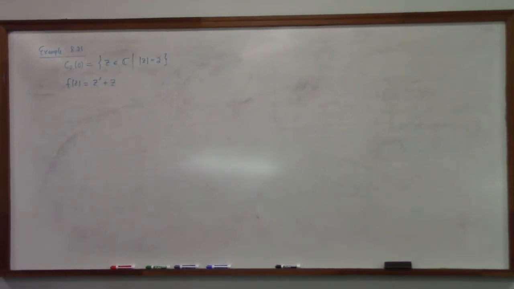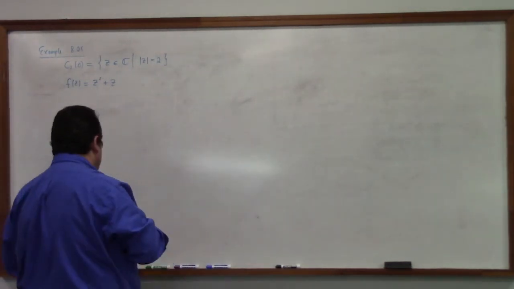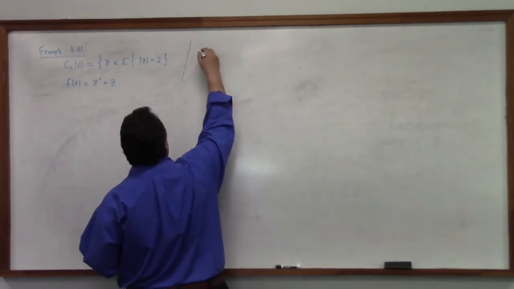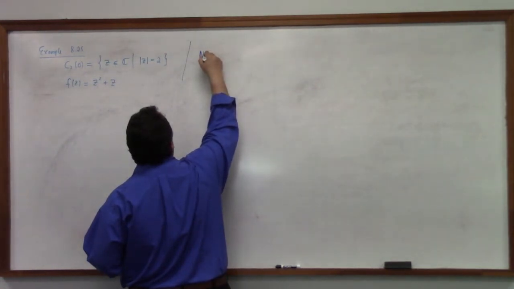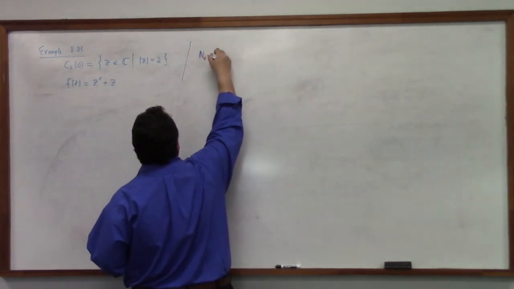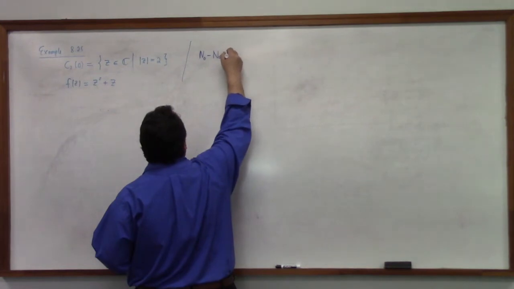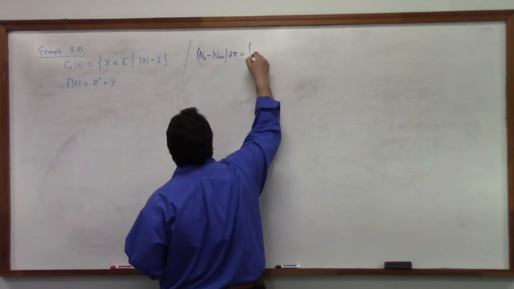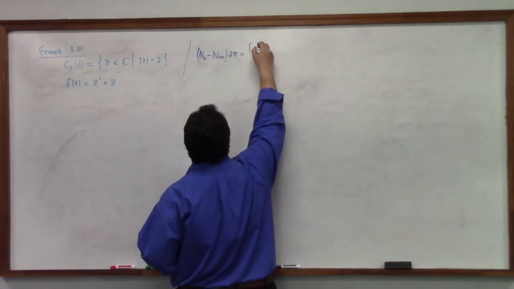Well, I thought it said that it was the number of zeros minus the number of singularities, times 2 pi, and the integral over the boundary of d arg f of z. Yeah. So it was. So let's see.